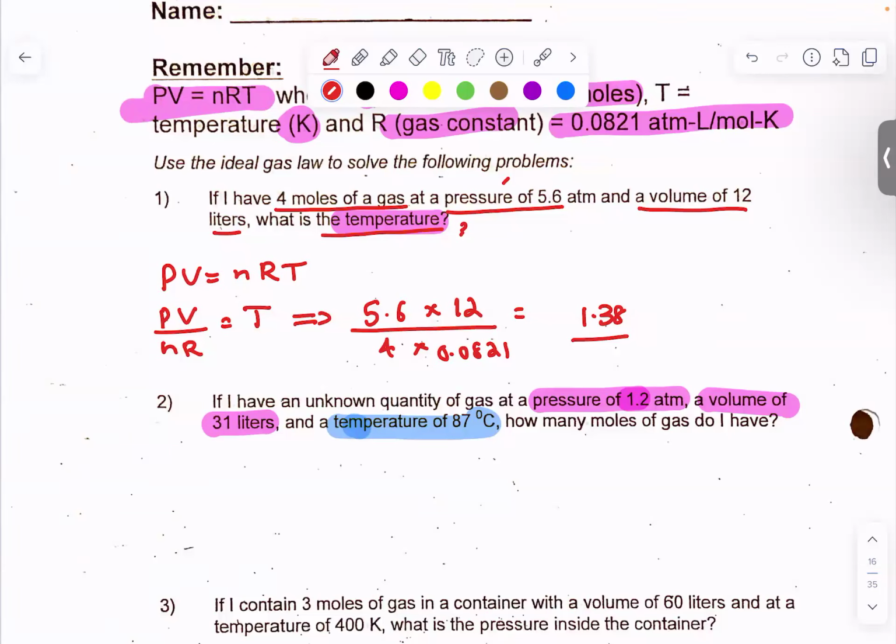Let me check it. This would be 5.6 into 12 over 4 into 0.0821 is equal to, Soumya, I'm getting 204.62.